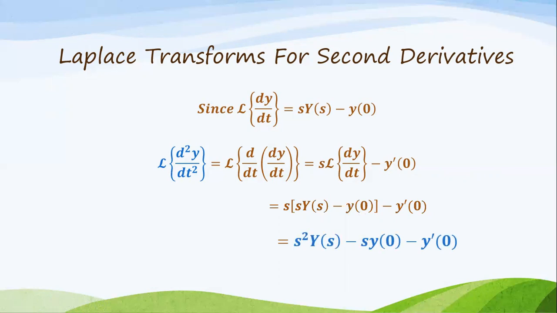Then multiplying out, we have this result. The Laplace transform of the second derivative would be s squared times the Laplace transform of the original function minus s times the original function evaluated at 0 minus the first derivative evaluated at 0. This would be the Laplace transform for the second derivative of a function.